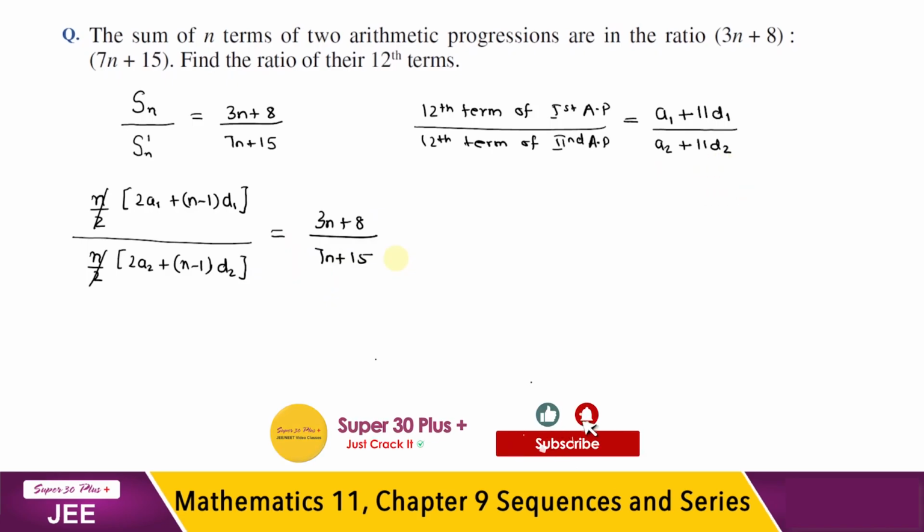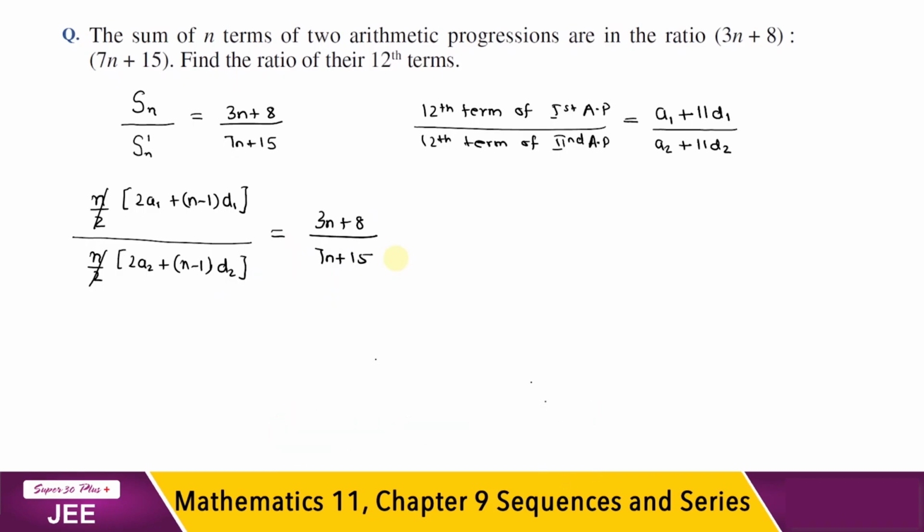So since we are interested in having a coefficient of 1 along with a1 and a2, we are going to divide this equation throughout by 2. Alright, so we can have a1 plus (n minus 1) divided by 2 times d1, divided by a2 plus (n minus 1) divided by 2 times d2, and this is equal to 3n plus 8 divided by 7n plus 15.